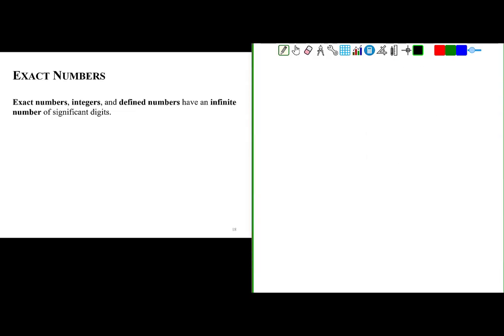Exact numbers, integers, and defined numbers have an infinite number of significant digits. For example, I could have a black jelly bean, a red jelly bean, a green jelly bean, and a blue jelly bean. I have exactly 4 jelly beans. There is no uncertainty in that.